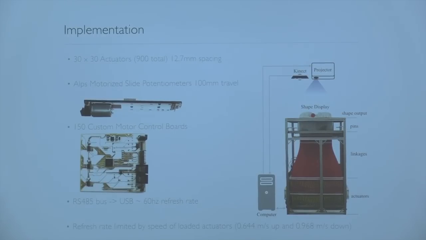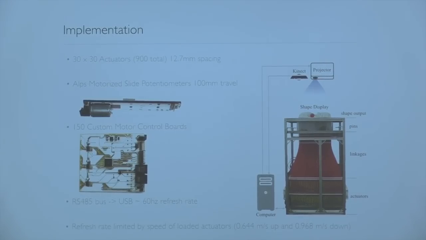And then all of these are connected. We use an OpenGL custom shader that renders a depth map that we then send over to the shape display. So it actually runs basically a general purpose OpenGL application, so you can really use anything you want.